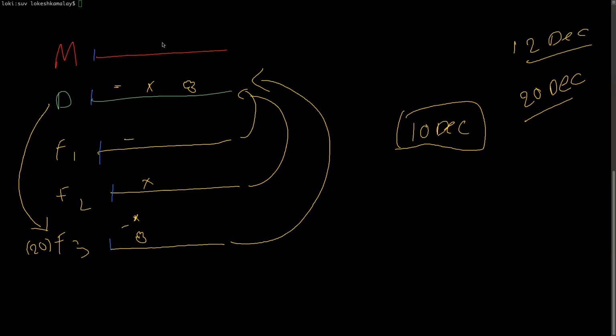On 10th December, you have all these three changes, right? So if you put a pull request from development branch, it will carry all the three changes. So all the three changes will go in the next release, that is 12th December. Is it expected behavior? Is this what we wanted? No, right? We wanted only F1, F2 changes to be promoted in 12th December and F3 changes on 20th December.